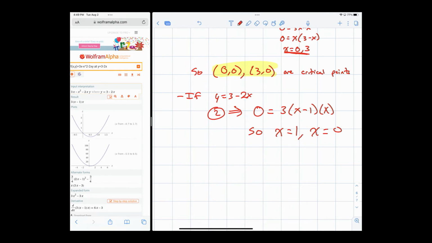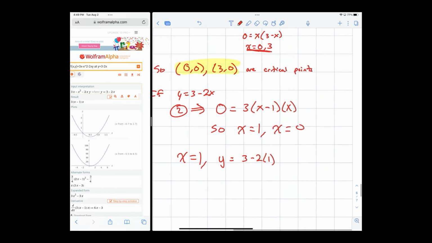So if I have x equals 1, what would the y value be? Well, you'd have to plug x equals 1 in here, y equals 3 minus 2 times 1, which would be 3 minus 2. So 1. So we have 1, 1.